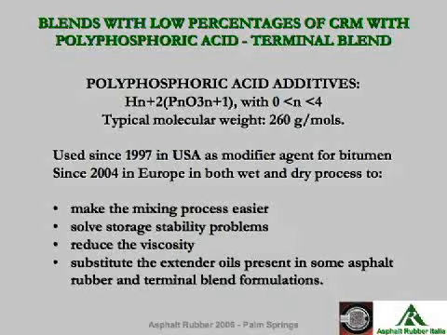This is the formulation, with some characteristics, and we know that this kind of additive has been used since 1997 in North America as a chemical modifier agent for bitumen, and since 2004 in Europe in both wet and dry processes. To lower viscosity in order to increase workability, to solve some storage problems, and also to substitute extender oils in the formulations.